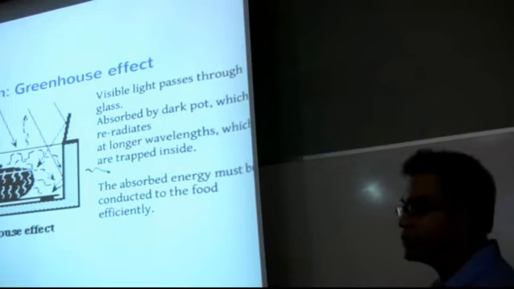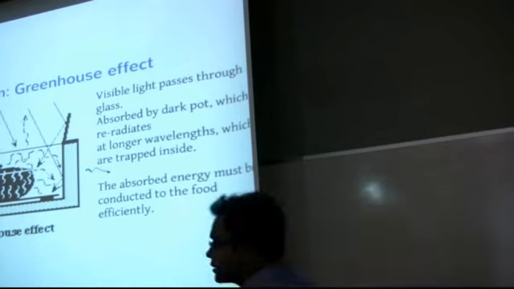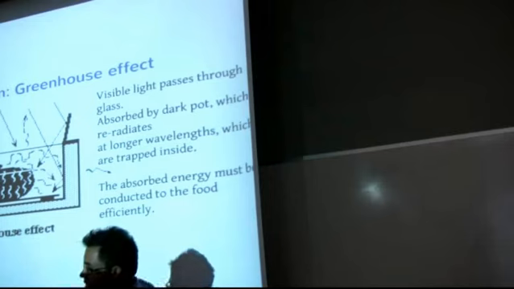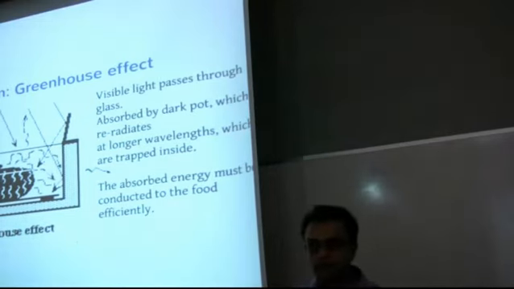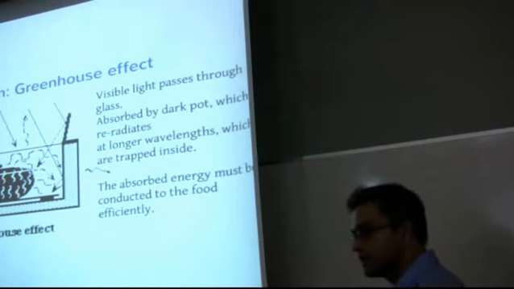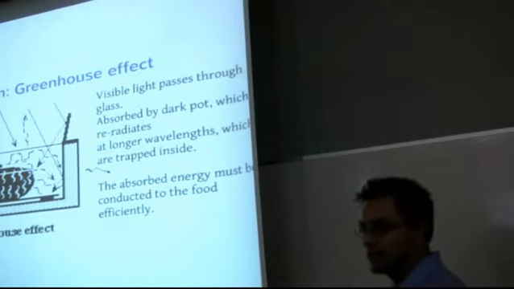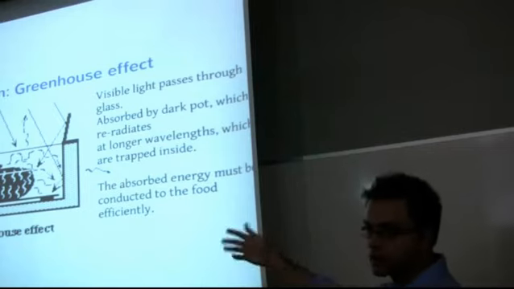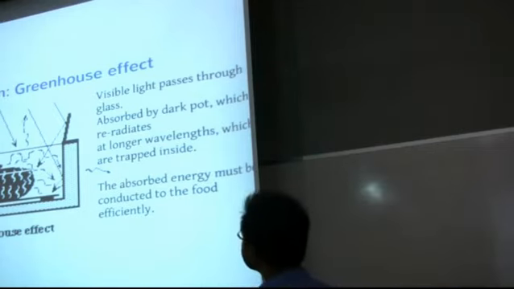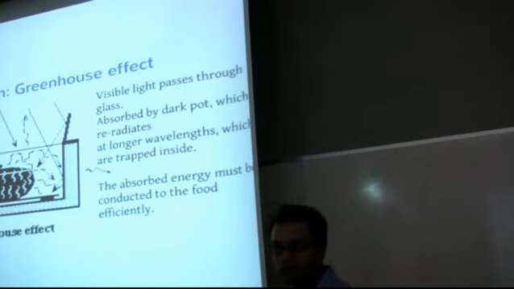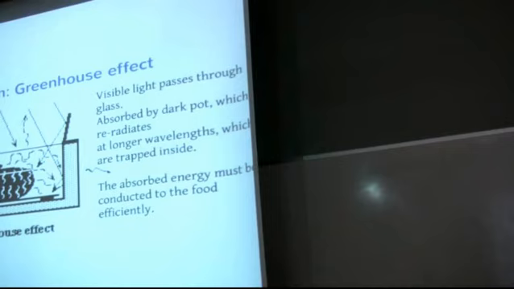Exactly like the greenhouse effect, the longer wavelengths are then reflected off the top. So the glass is transmissive to visible light, but reflective to far infrared light. That's basically what the greenhouse gas effect is. Obviously, for the planet, it's the clouds and whatever particulates you have in the air. It's the same thing as when some of you might have walked into a greenhouse nursery, where you grow plants.